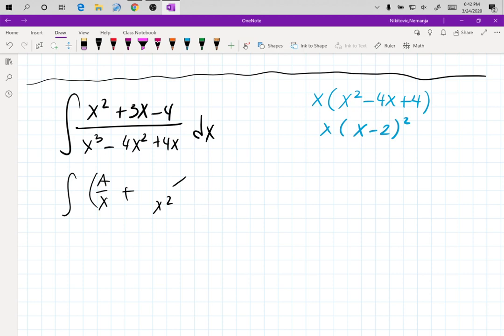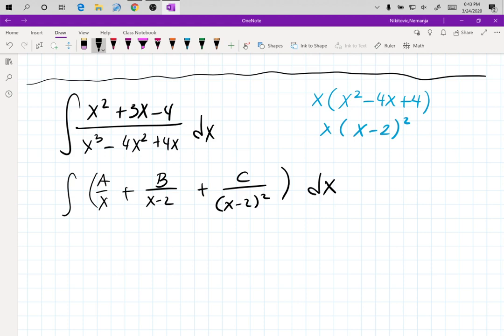We have b over x minus 2 and then c over x minus 2 squared dx, and this turns out to be pretty much the same as what we had before.